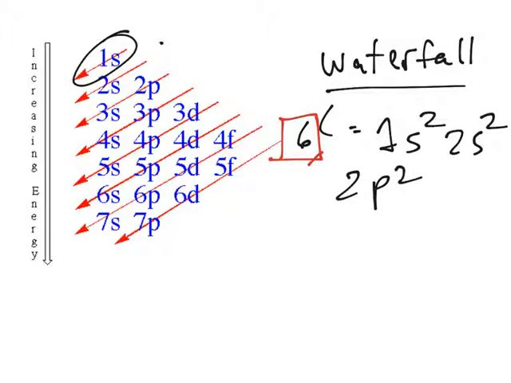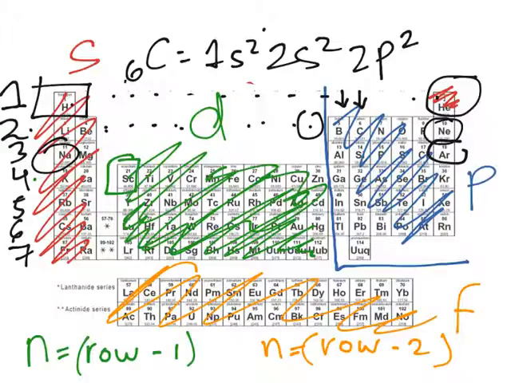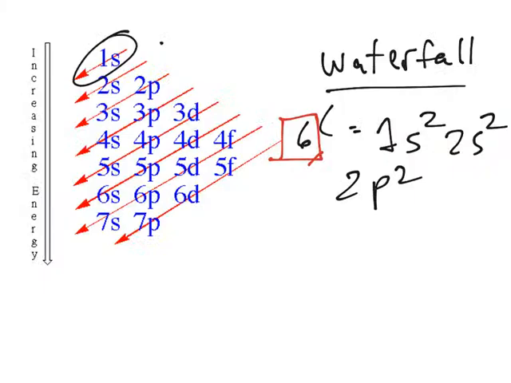So let's do something different. Let's do aluminum, so 13. I need more space. This is why you use the noble gas abbreviation. So 13.